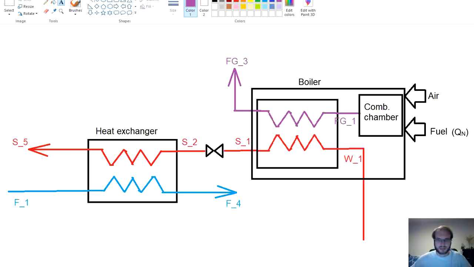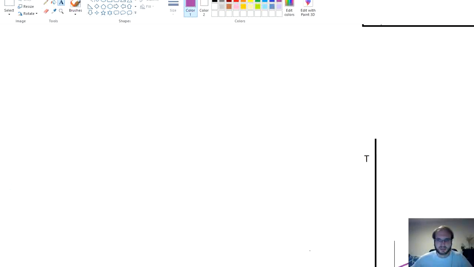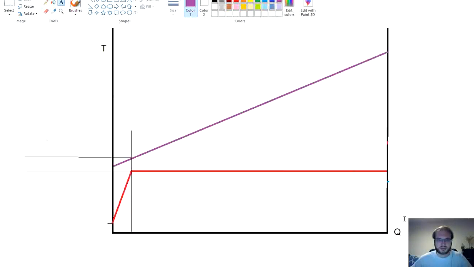Now let's have a look at the QT diagram, how it will most likely look like. So we have the QT diagram over here, where we have the flue gas which is cooling down.